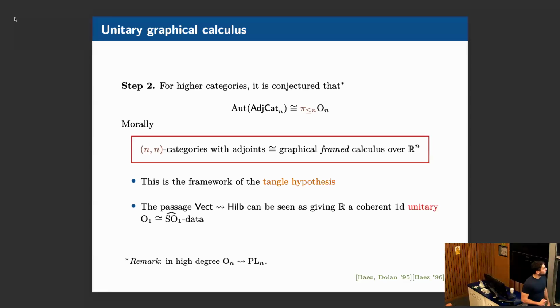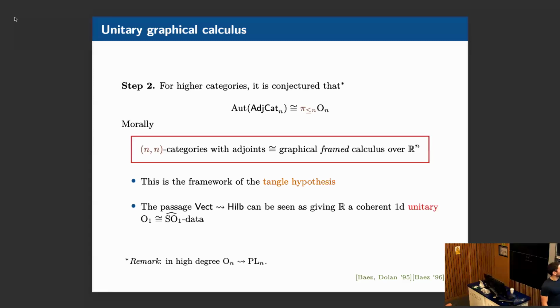In particular, in 2D, you might remember that I said that the 2-category BC had adjoints, and that was equivalent to having the bunch of equations which involve the evaluations and co-evaluations. And that was precisely the 2-dimensional version of this statement.